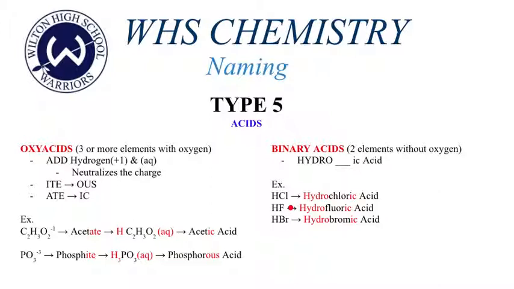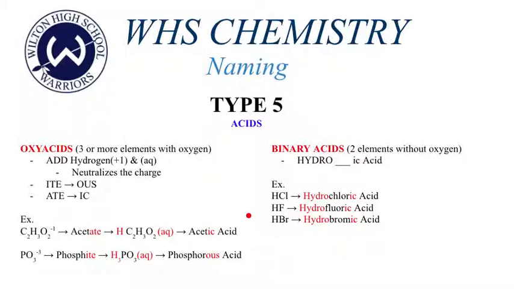The next thing we want to look at is that if your compound at first ends with an "ite," your name for your acid is going to change to an "ous." And if your compound ends at first with an "ate," your acid will end with an "ic." That might be kind of weird at first, but I'll show you in these examples.